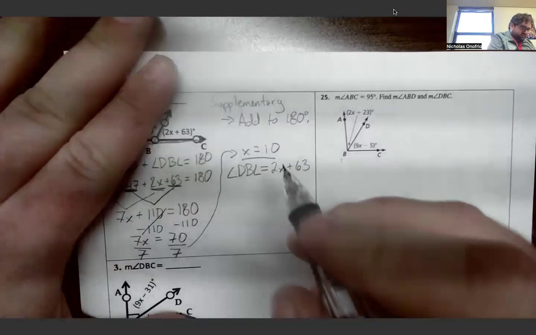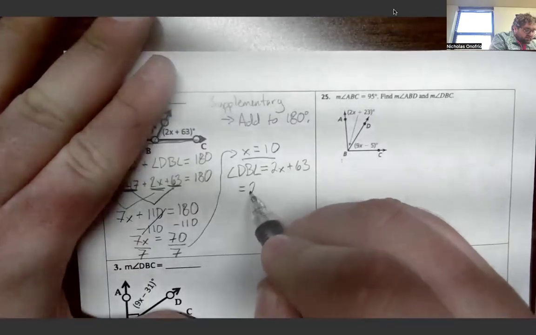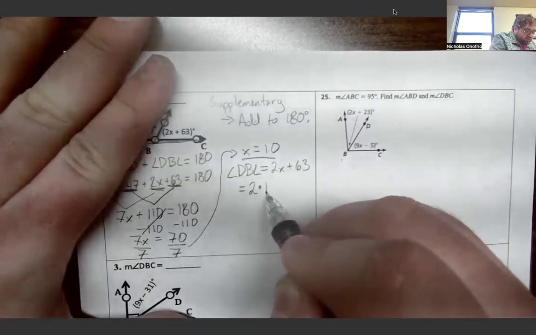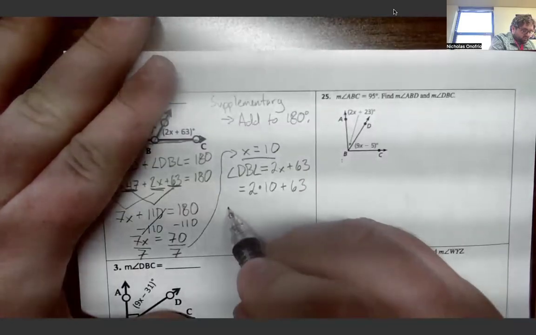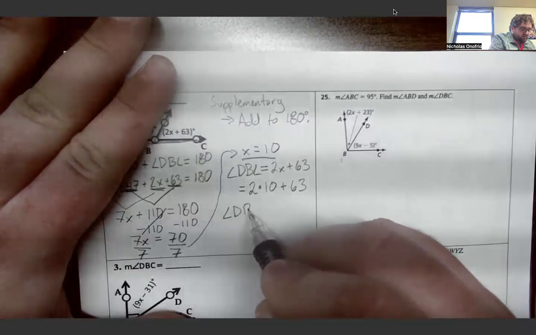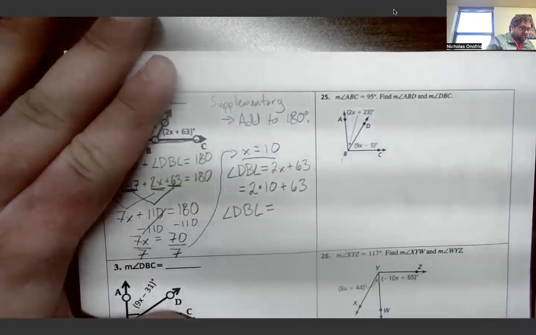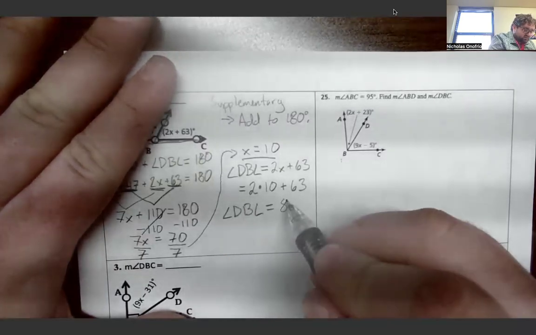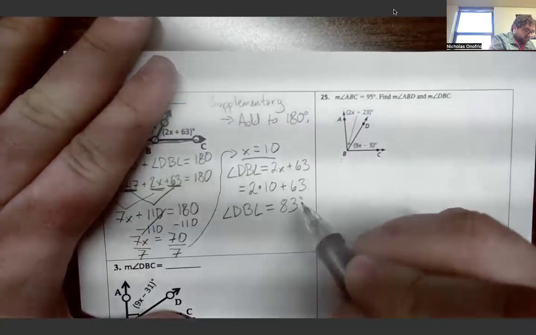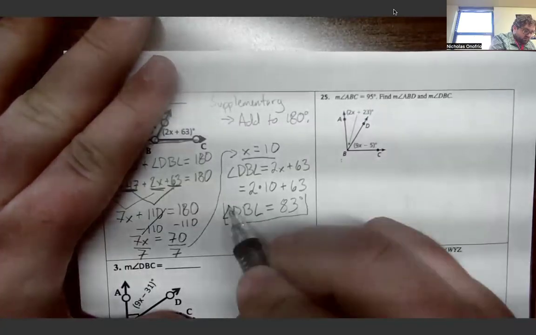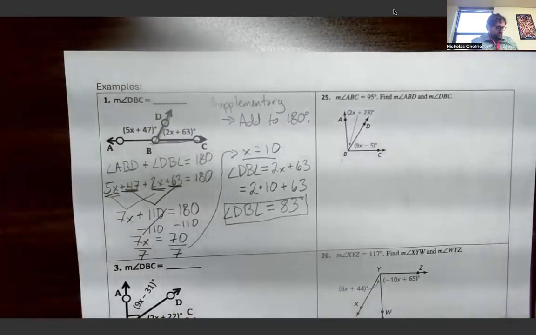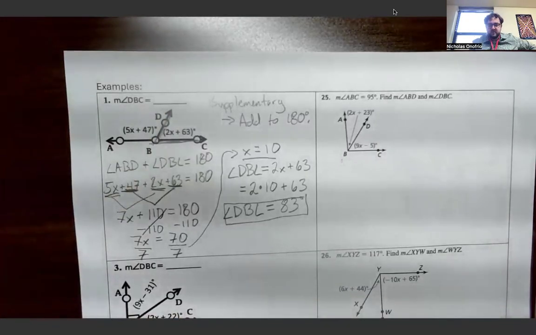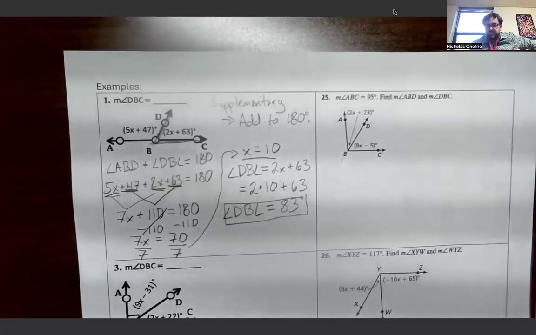Now that I know x is 10, I can take that x and replace it with a 10. So it'll be 2 times 10 plus 63. Plug that into a calculator and you'll get the measure of DBC is 83 degrees. Okay, one problem down. That wasn't too bad, was it?